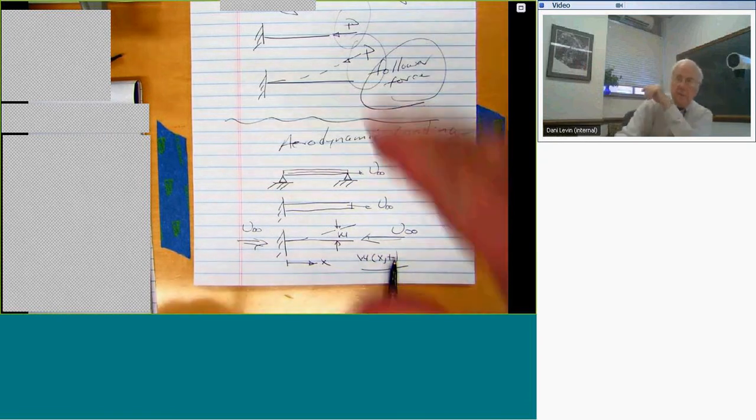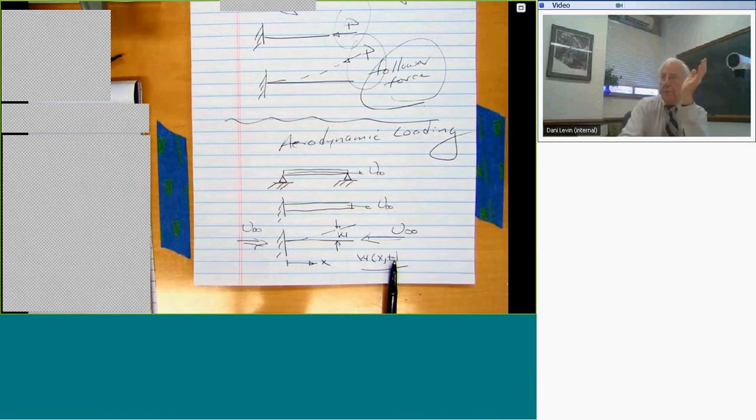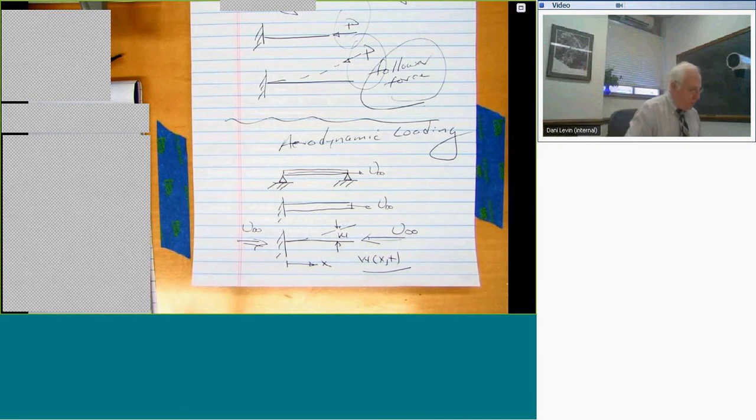Of course, if this thing bends enough, the aerodynamics will become nonlinear too, right? But the question is which one is more important, and that's often the subject of considerable concern.